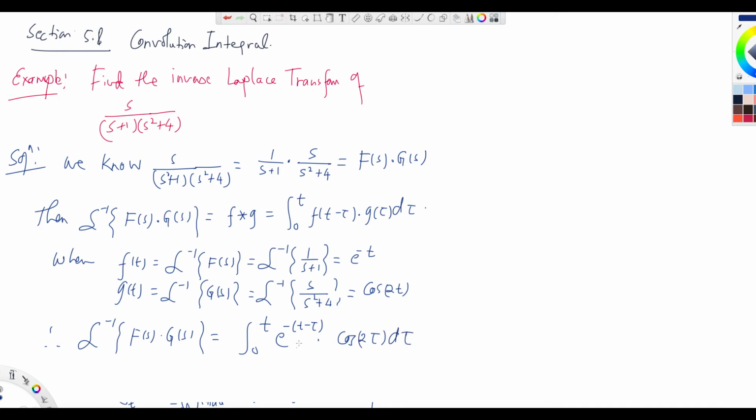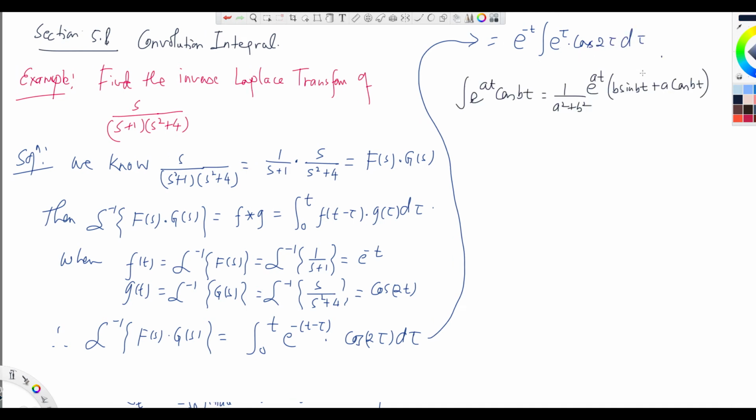For this one, e to the negative t plus tau, right? This can be written that way. So what you can write from here is e to the negative t, pulled outside because this integral is with respect to tau. You will get e to the positive tau times cosine 2 tau d tau.